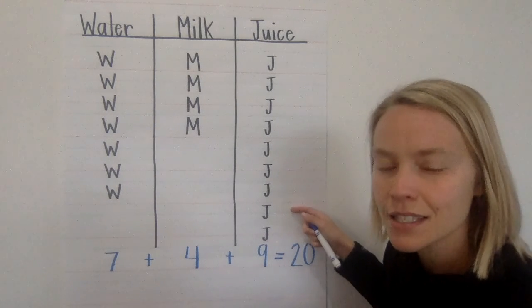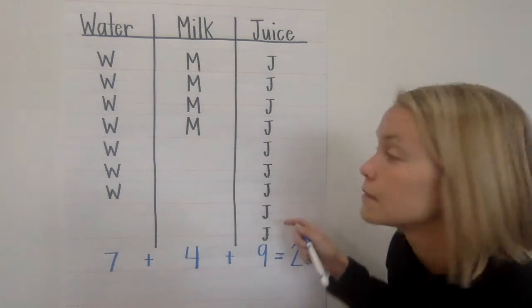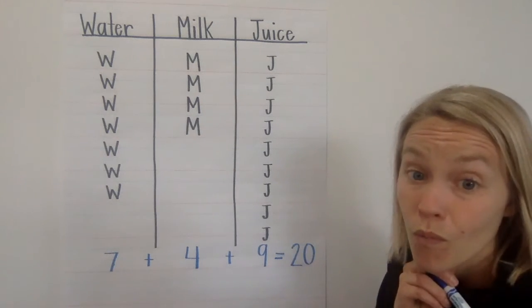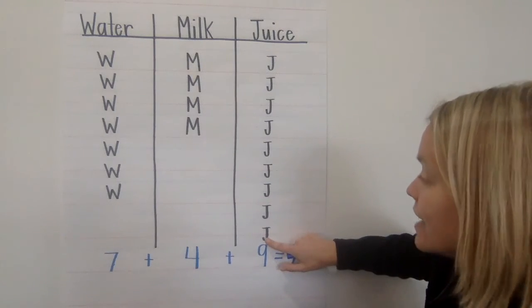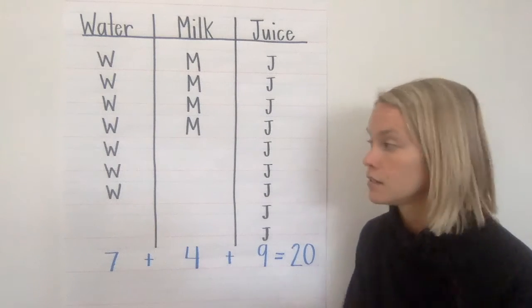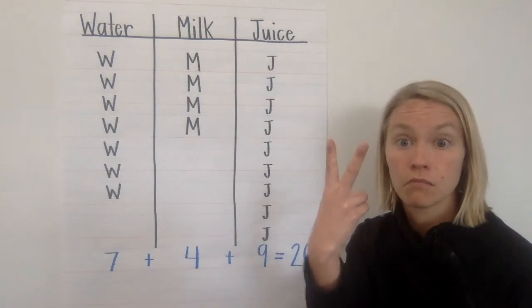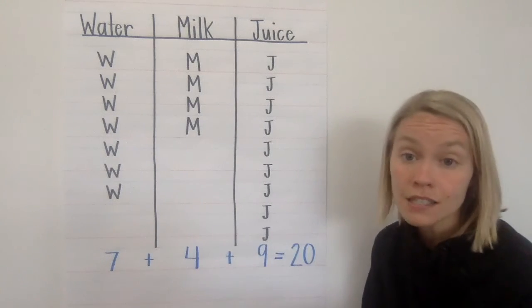Water has less, so I want to know how many less it has. What I could do is take 9 and count back until I get to 7. 9, 8, 7. 2. So we could say water has 2 less.